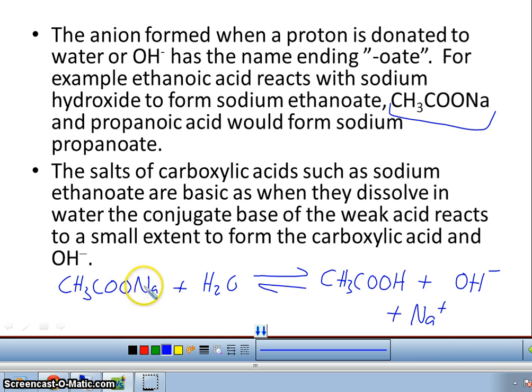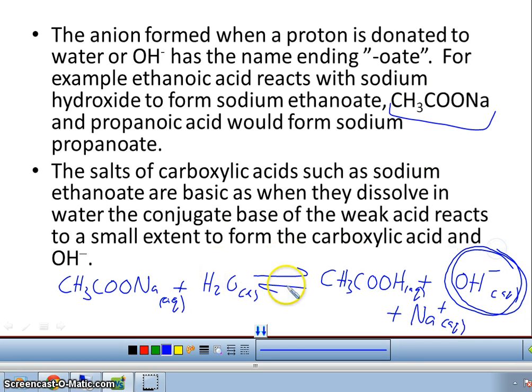The CH3COO minus is aqueous, the water is liquid, and the products are aqueous. So this reacts with water and makes OH minus, which makes this a basic solution. Again, this is an equilibrium, and this equilibrium runs mainly to the left. Just keep that in mind for later on when we do equilibrium.